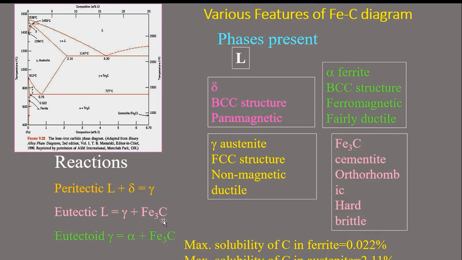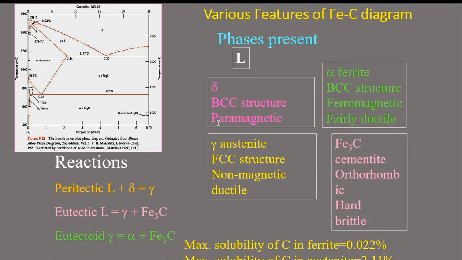So here gamma plus carbide Fe3C. Then eutectoid means it starts with solid solution, and here gamma changes to alpha plus carbide Fe3C, right? It changes into these two.